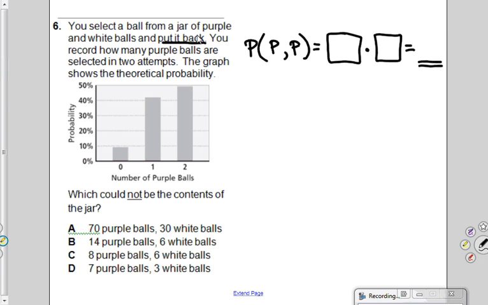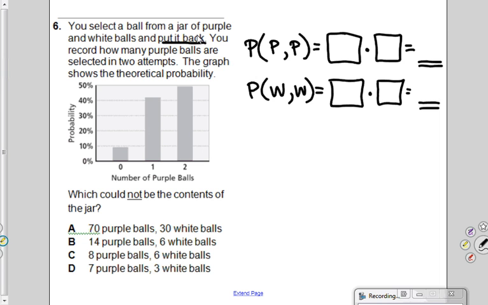Okay? Remember, we did this with playing cards. Like, what's the probability of getting a jack and then a jack again? You just multiply them. So what would be the probability of white then white? Well, we'll find out. All I know is you have to do the probability of white times the probability of white again.